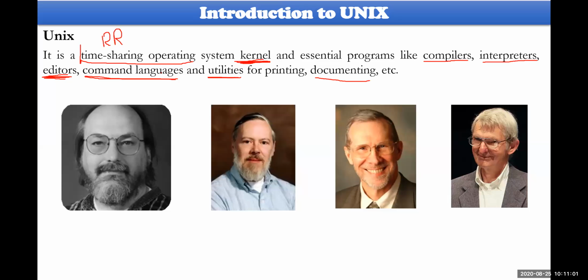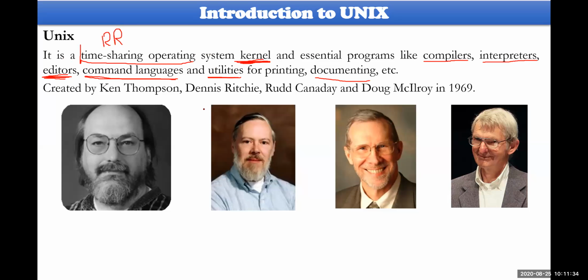Of course, nowadays it is not round robin; it is priority-based, as in the current implementations of different flavors of Linux. But in the implementation of the original Unix, Ken Thompson implemented round robin time sharing scheduling. That is why it is a time-sharing operating system.